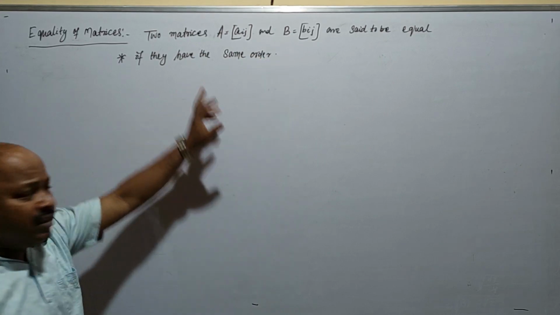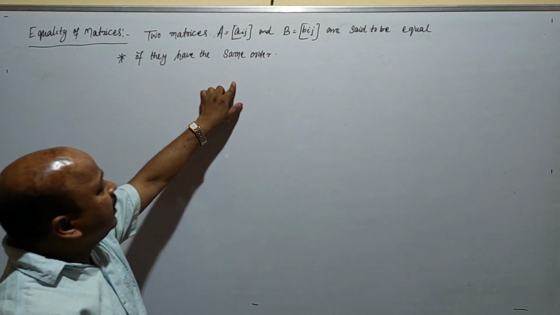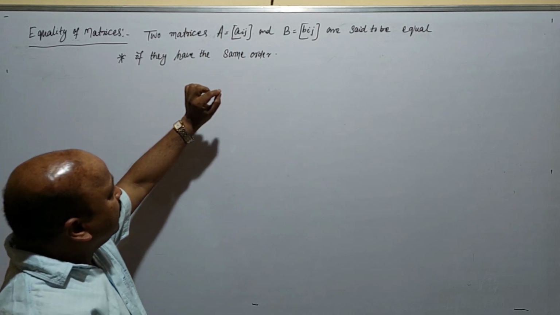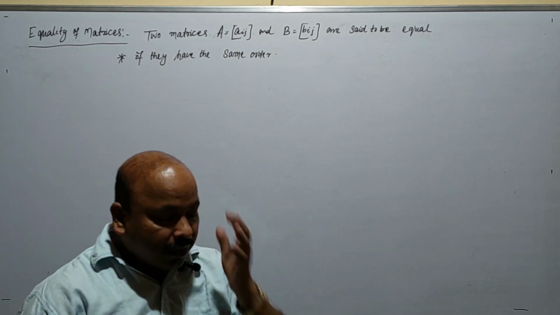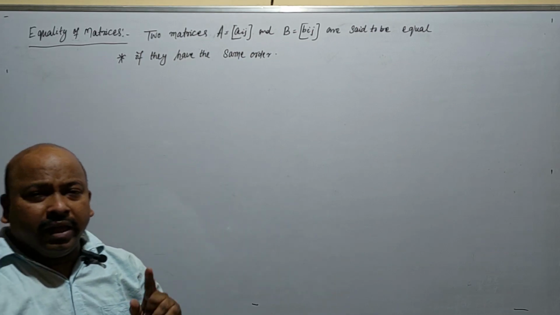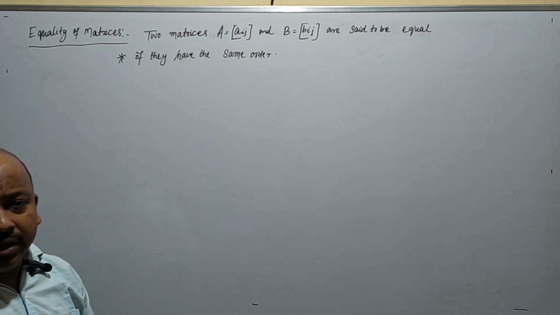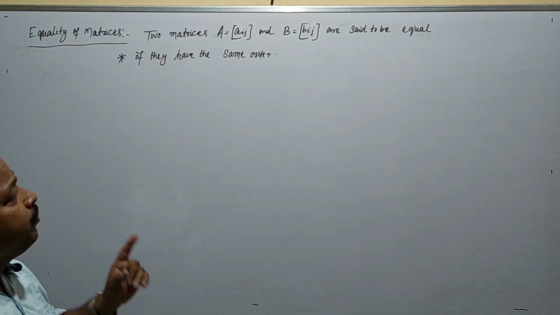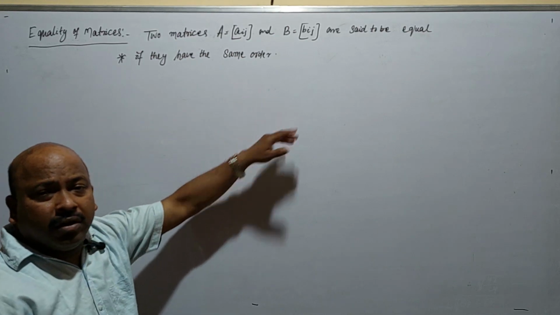That is, if matrix A is of the order m by n, then matrix B is also of the order m by n. That means they have the same order.